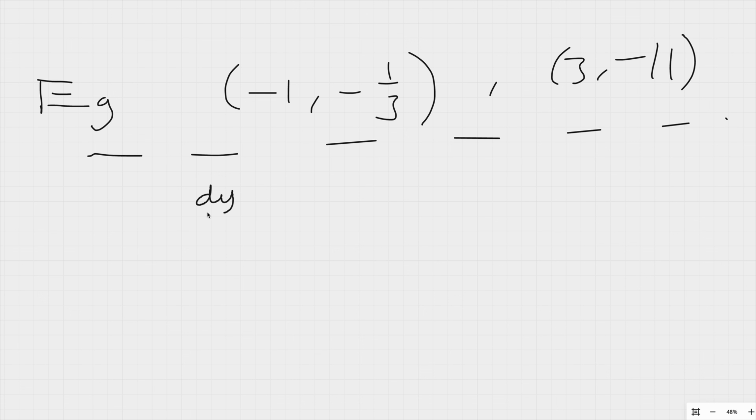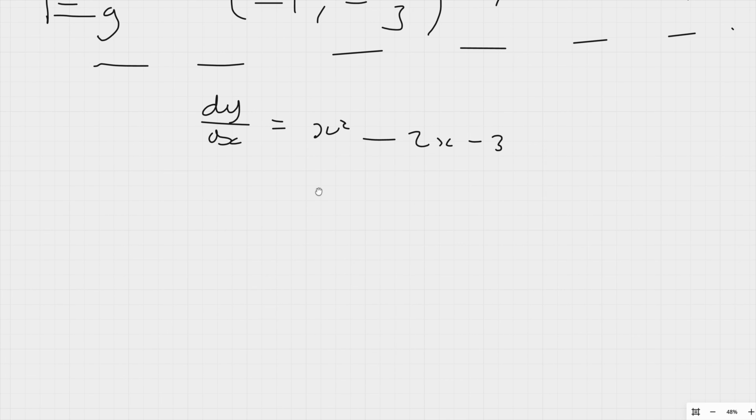Our dy/dx is x squared minus 2x minus 3. And it'll probably ask you to determine the nature of each stationary point. It only says that because it's just saying, is it a maximum or is it a minimum? But it has to sound smart because you're in year 11 now. Grow up.